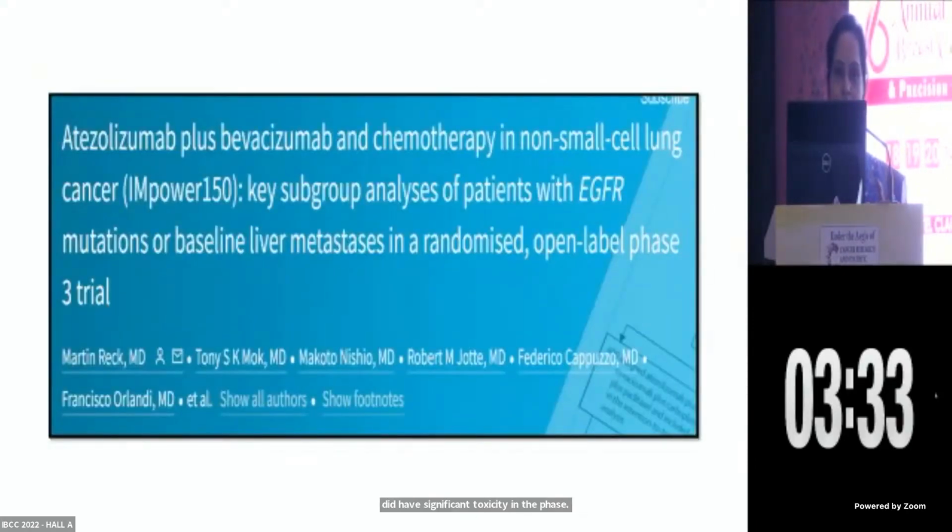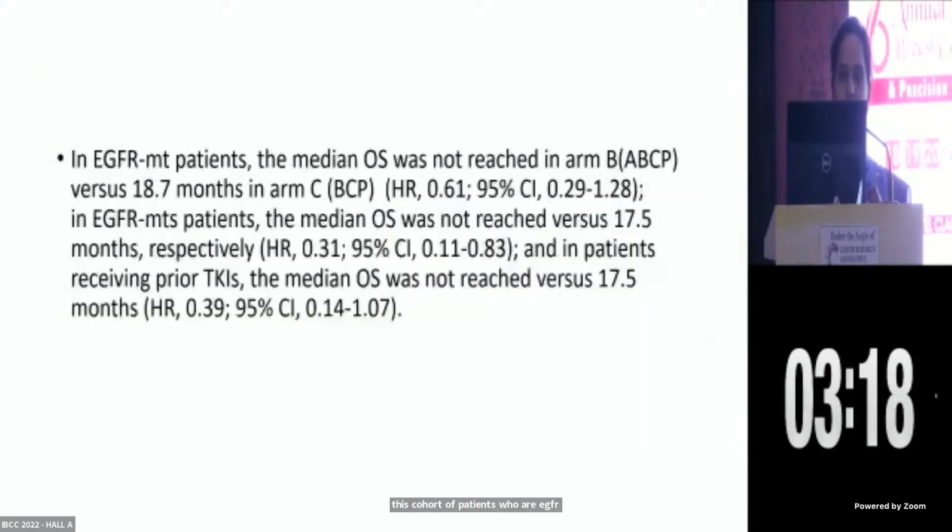So what next after chemotherapy? This is the only paper which has shown some promise of immunotherapy with a combination of chemotherapy in this cohort of patients who are EGFR mutation positive.